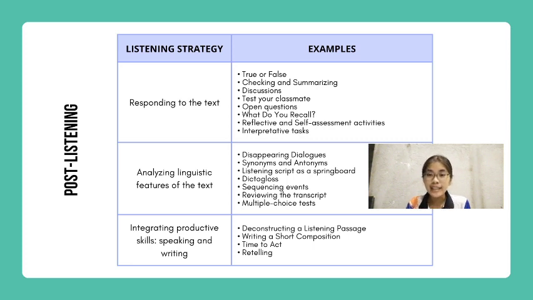Another example is listening script as a springboard. So although the skill here is listening, it is somewhat difficult to analyze the linguistic features of a listening text just by purely listening, because sometimes grammar or linguistic features is focused on its form.